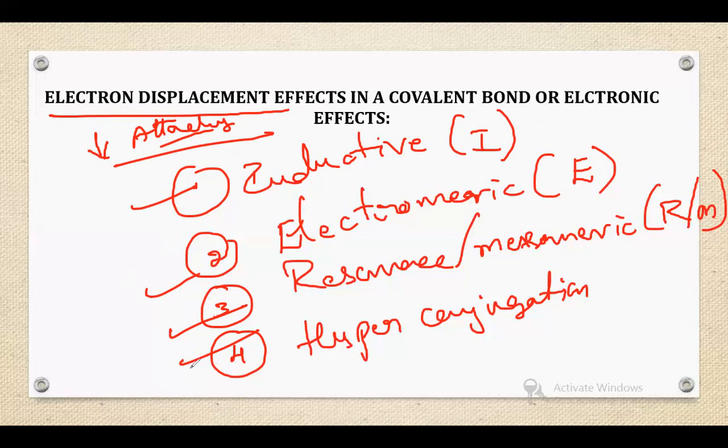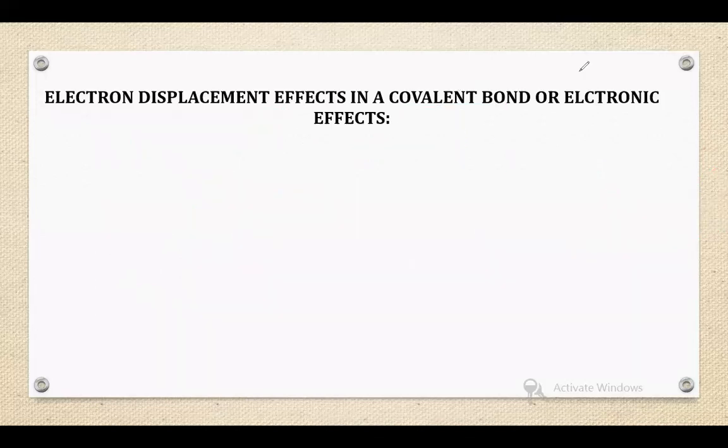Whether it is a permanent or temporary effect, all these things we need to discuss. I hope you are getting what electron displacement effect is. Due to the formation of a covalent bond, electrons, sigma or pi, will be displaced. In some cases we'll notice a permanent effect, in some cases a temporary effect.